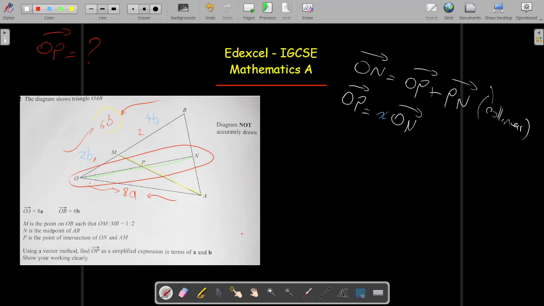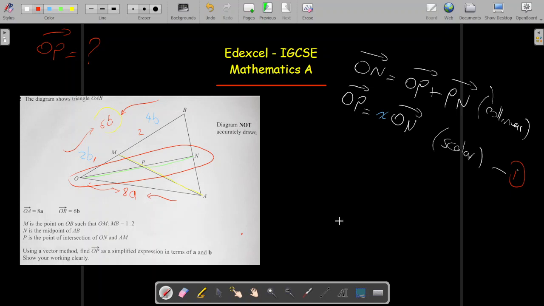So OP is a fixed amount equal to x of ON. You got the idea? OP is representing a scalar multiplied by ON. So this is the scalar form of OP. We're going to call this equation 1 because we're going to use it in the next steps regarding this problem.